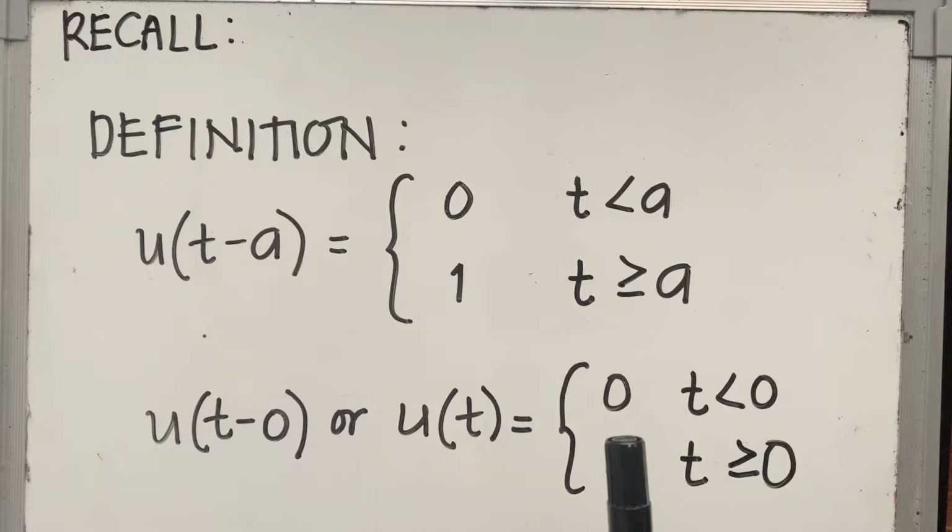So hence the name unit step. Okay, so if this a is equal to 0, so we have u of t, then the value of the function is 0 at t less than 0, and 1 at t greater than or equal to 0.